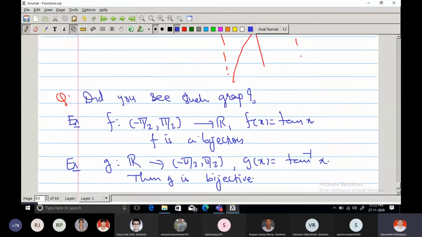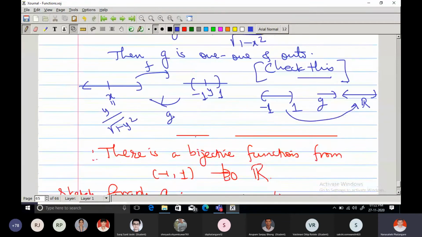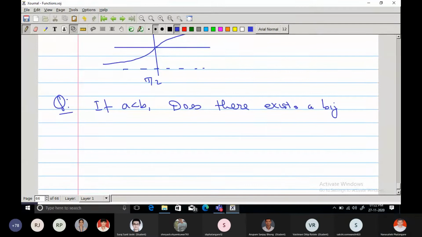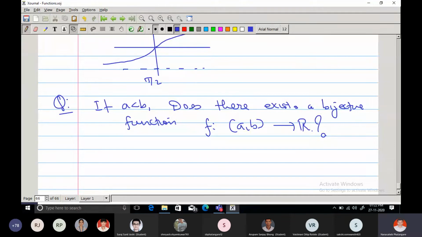Correct. Now the question is, if a is less than b, then does there exist a bijective function f from the interval ab to R? Does there exist a bijective function from an interval to R? What is your answer? Yes.